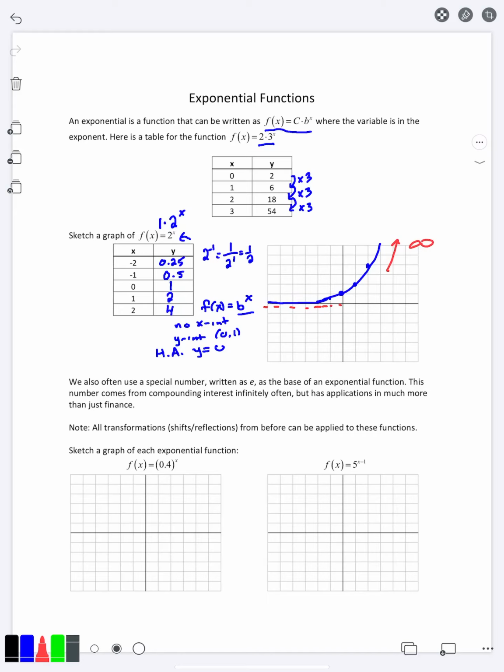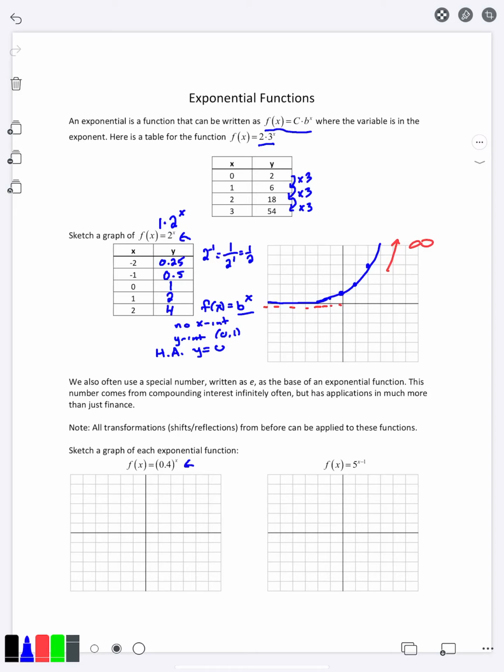And in fact, if I didn't label what numbers the points were, this would be the same shape for any default graph, as long as your base is a number bigger than 1. Now, going down here, the next example is I changed the base to being 0.4. And it turns out that if your base is a number smaller than 1, it flips the graph around.